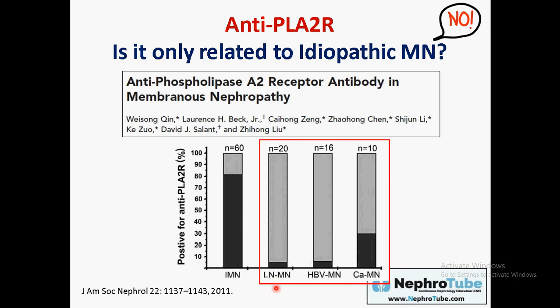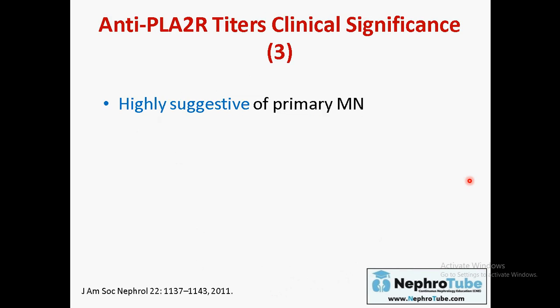In this case, they found that membranous nephropathy secondary to lupus nephritis, hepatitis B virus, and carcinoma may have anti-phospholipase receptor antibodies. Also, some evidence showed that it may be positive in some patients with membranous nephropathy secondary to sarcoidosis.